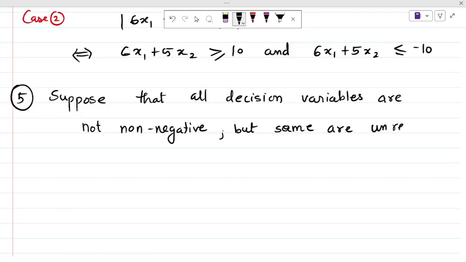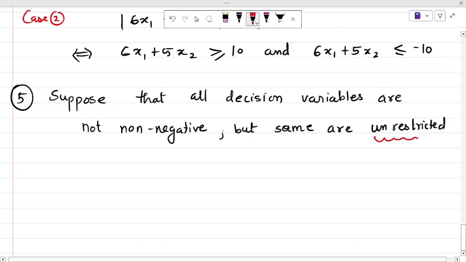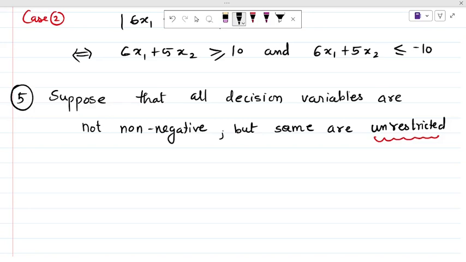This is the word unrestricted. Suppose some are unrestricted. Okay, so it means that they are either positive, zero, negative, we don't know. So in such a case there are no constraints on them. Some are unrestricted, or you call them unconstrained.